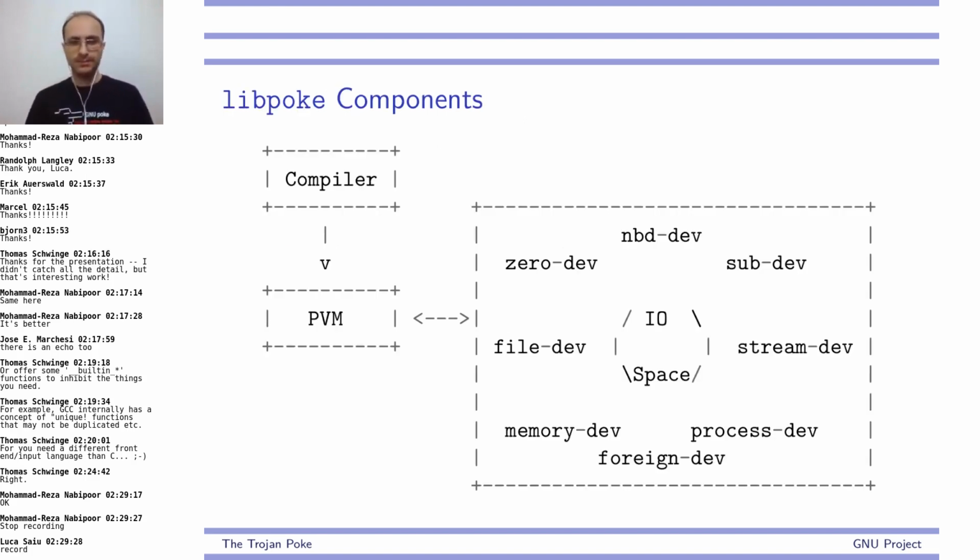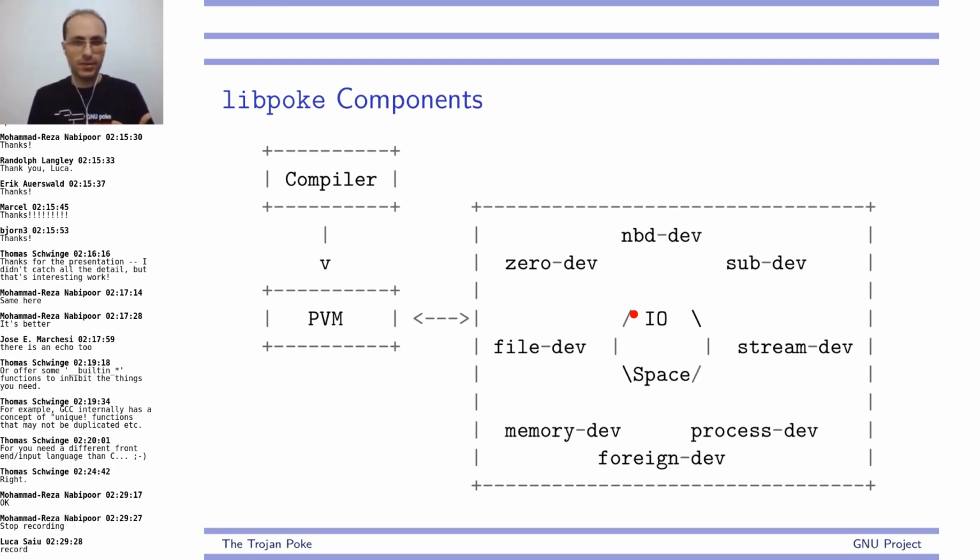So you see this nice ASCII art slide. I stole part of it from Jose. So here, let me use the cursor, you see the compiler part, which generates code for the PVM. And the PVM will interact with this IO space, which consists of many devices, like the zero device, NBD, which is a network block device.